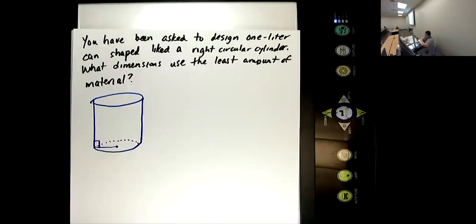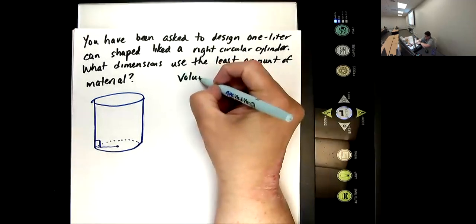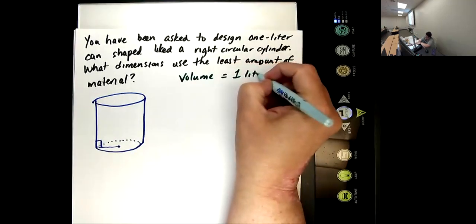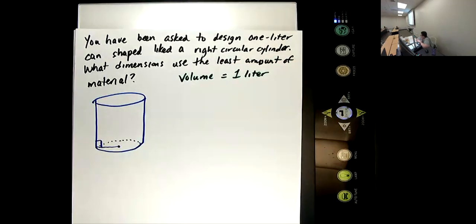Other than the shape, what is the one piece of information they gave us? The volume is 1 liter. Does anyone have a volume formula for a can?